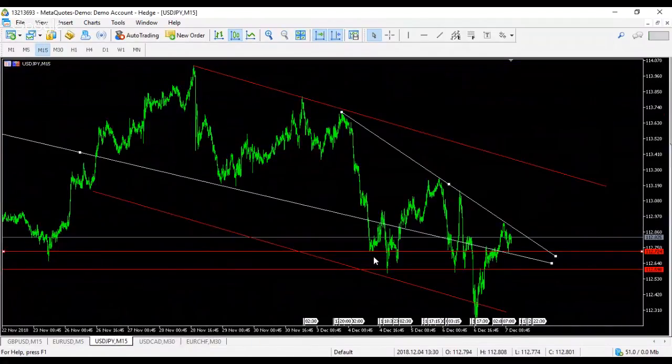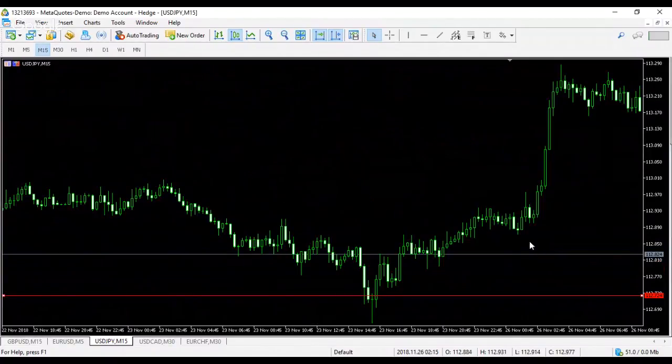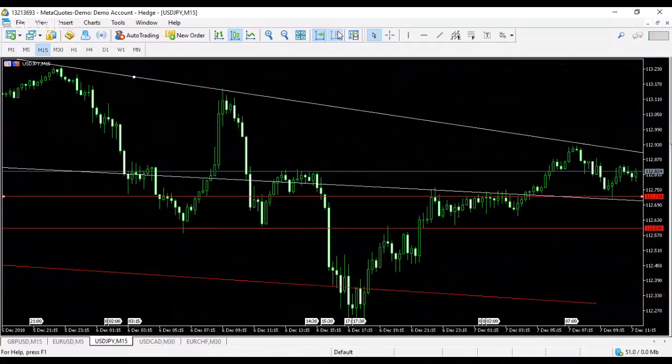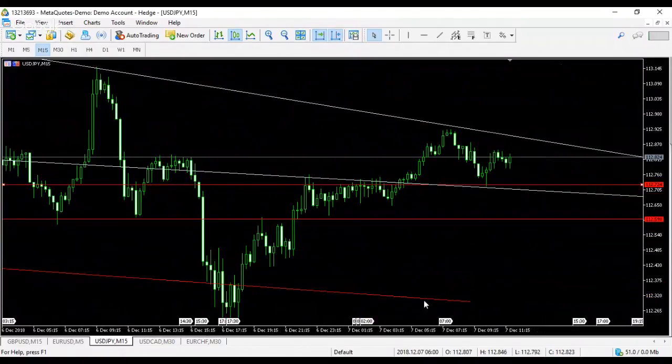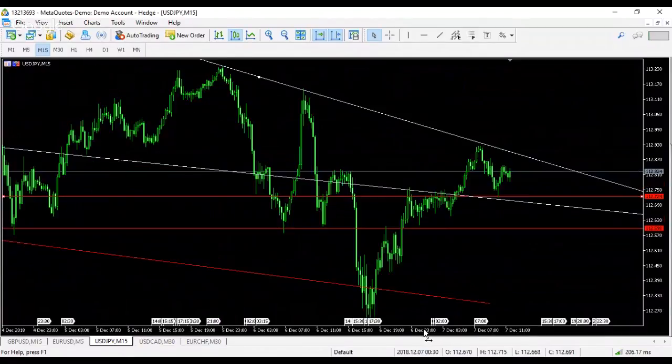Moving on, here we are still in the middle of the trend, and it is not advisable to take trades in the middle of the chart. But as you can see, this is on a 15-minute chart. The trend line is being respected here, and then there is our support and resistance line. There is another support and resistance line there, and as you can see right now, it went up, broke, retraced, and now guess what's happening?